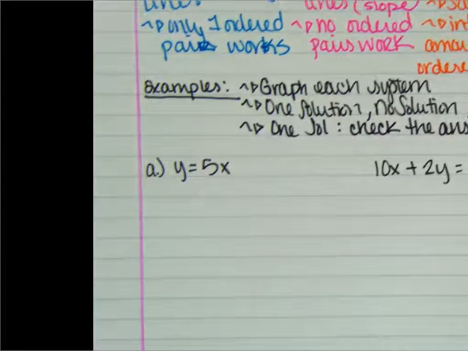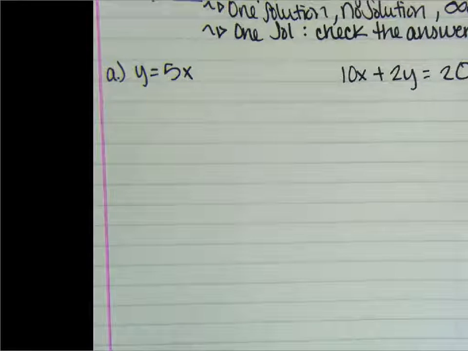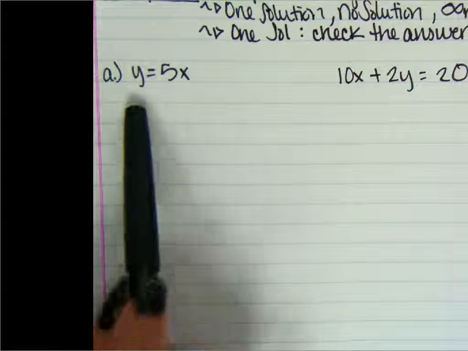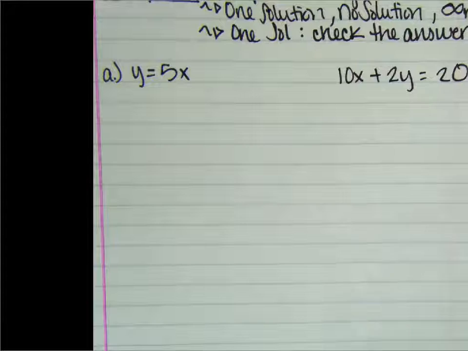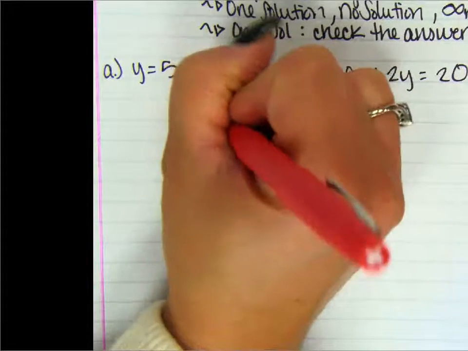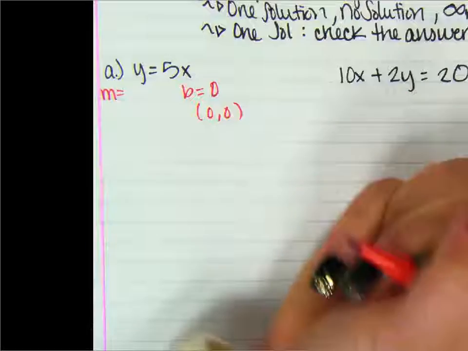I'm going to move it like this. Okay? We good? All right. Can we graph this line right now? Yeah. What do we need to identify from this line before we graph it? The y-intercept, which is what? 0. So 0, 0. Your slope, which is what?